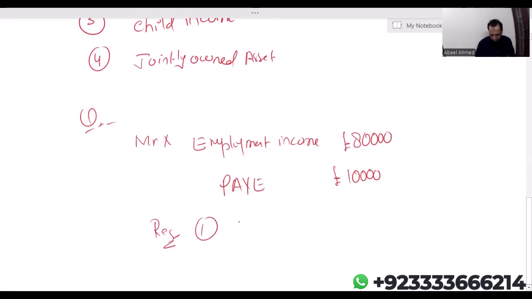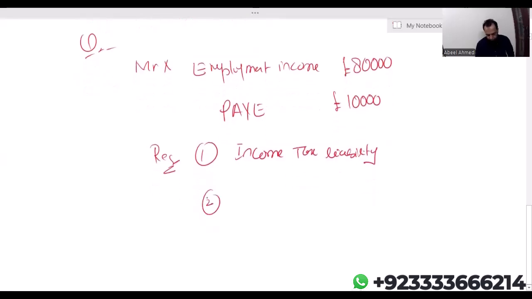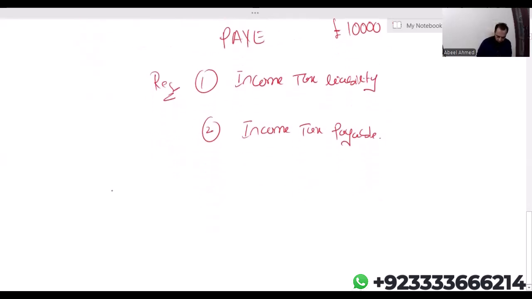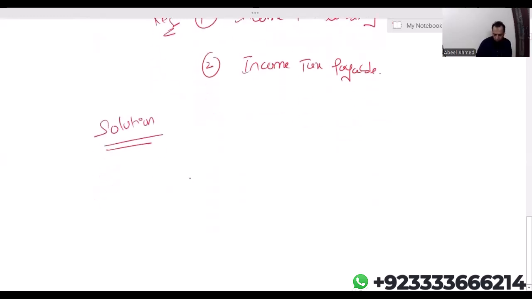Required, number one, we need to calculate income tax liability. Number two, income tax payable. You will see the difference between liability and payable, don't worry at all. Obviously, employment income is a non-savings income. So let's start.